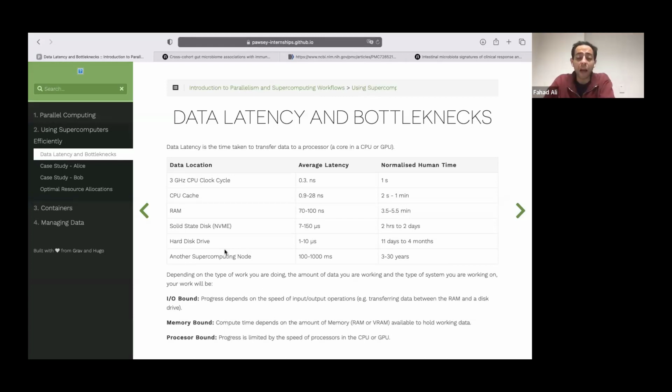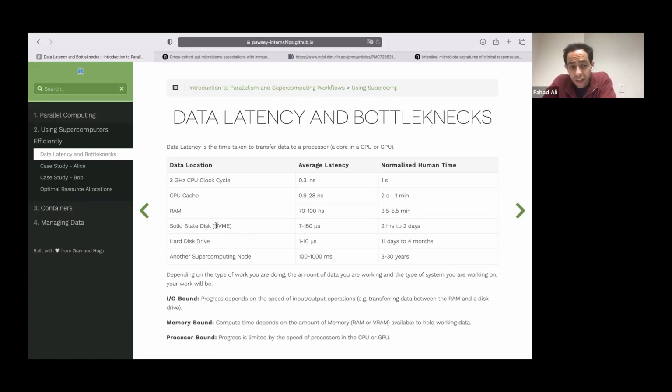that latency, and this is real world time, transferring the data to a processor, there's a 3 nanosecond latency within the CPU. Taking it out of cache, still on the nanosecond scale. Taking it out of RAM, it's slower, but it's still on the nanosecond scale.